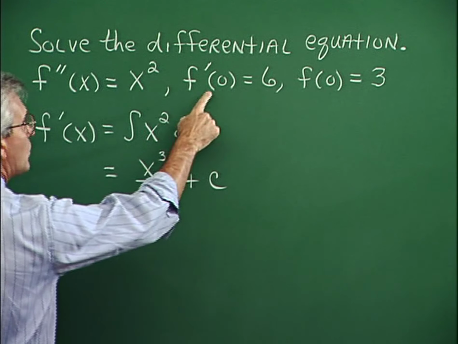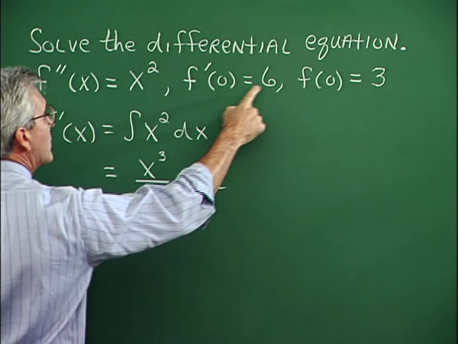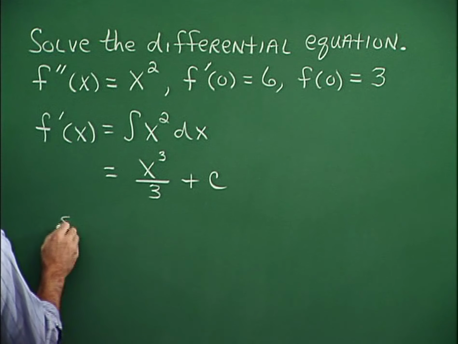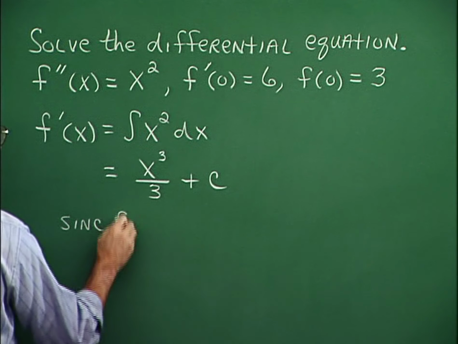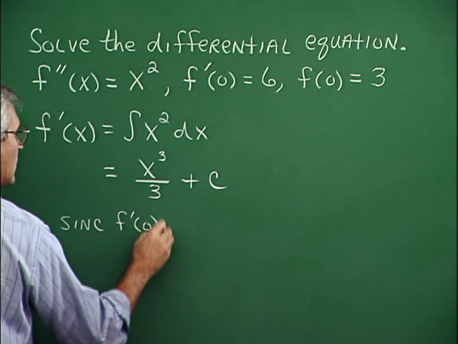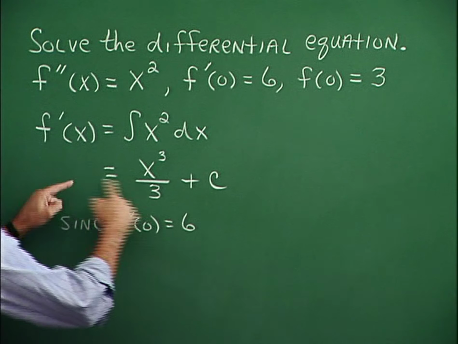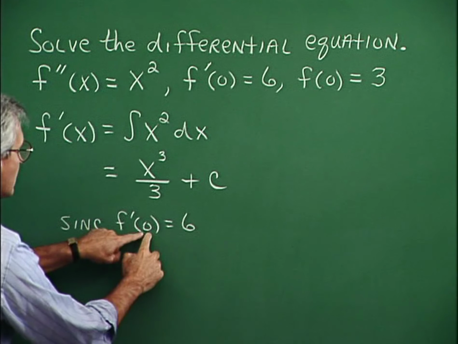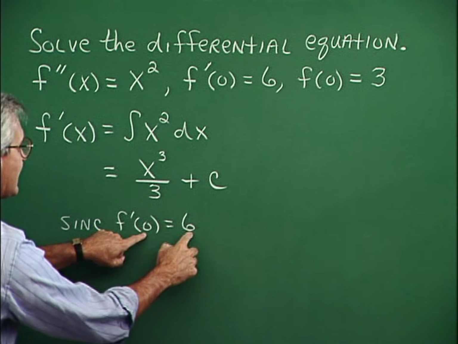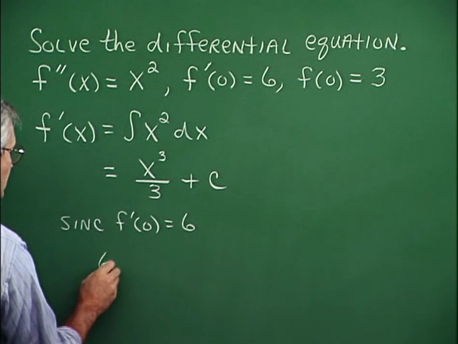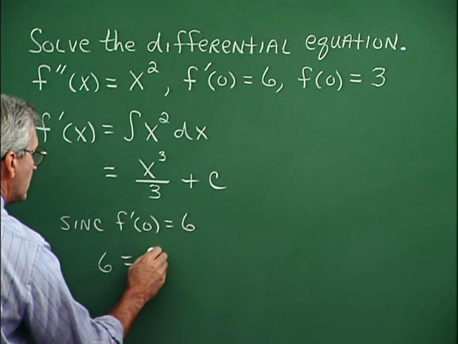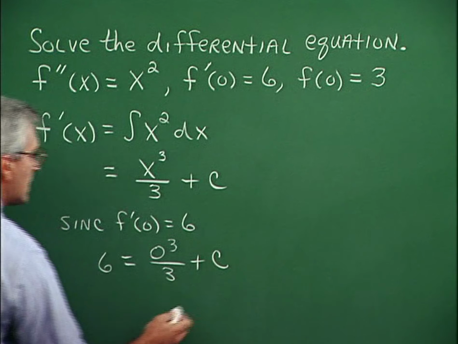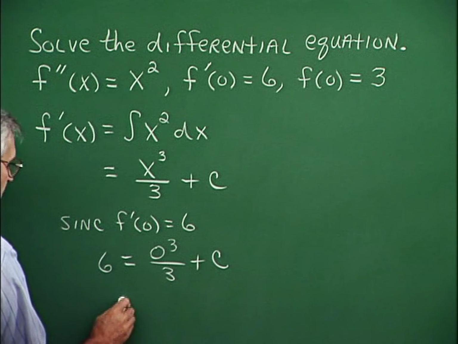And since we know that f prime of 0 is 6, in the f prime function, x is 0 and y is 6. So 6 equals 0 cubed over 3 plus c, so c then is 6.